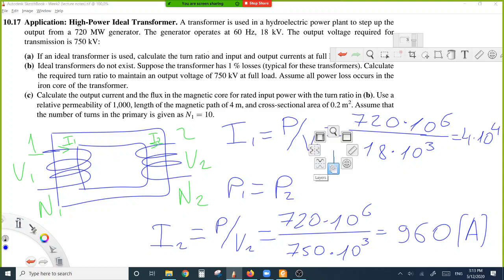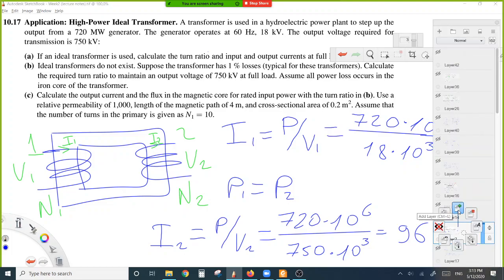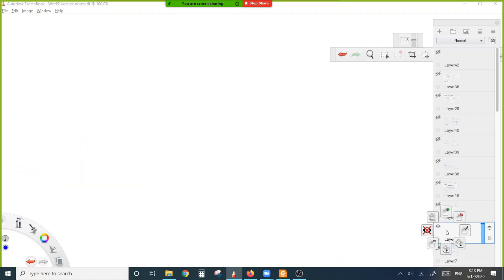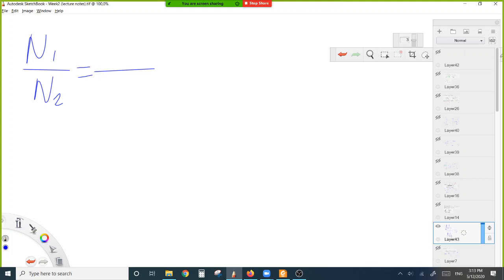Okay. What about the turn ratio? The turn ratio is N1 over N2, which is equal to E1 over E2. You mean current 1 over current 2?